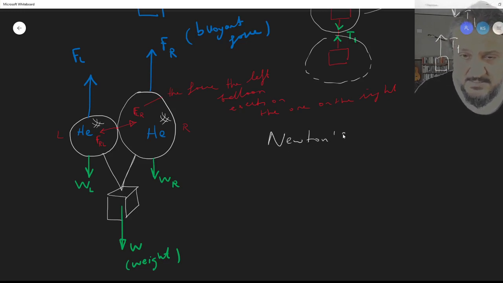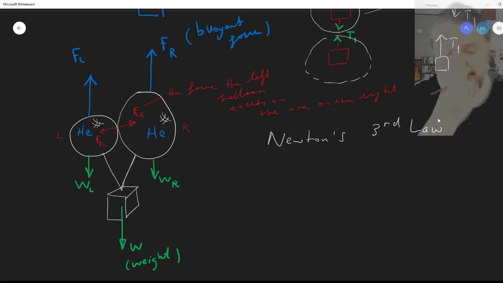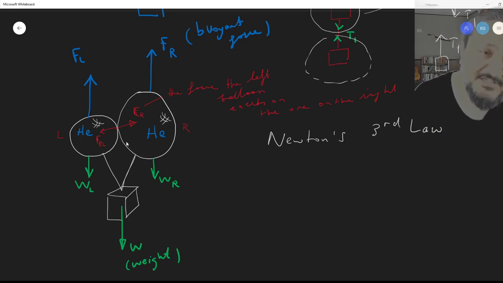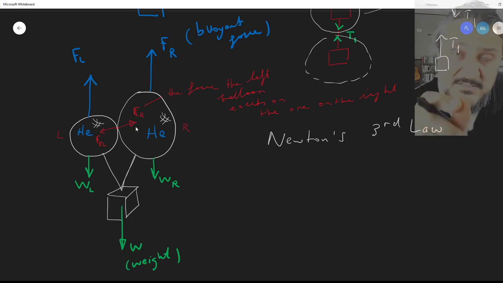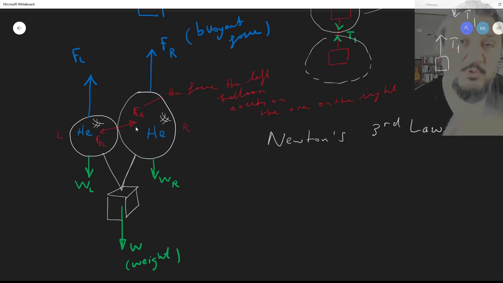Newton's third law states that these forces in nature always come in pairs, and they are in the opposite direction, one to another, and they have equal lengths.